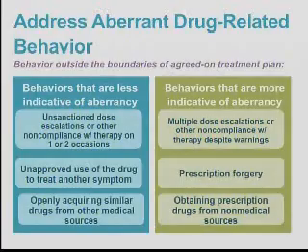Behaviors that are less indicative of aberrancy are, as we mentioned before, if they have to every now and then take a tablet or 2 extra, like we were talking about the colon cancer patient who got gastroenteritis, who was hurting really bad, who took an extra dose or 2.